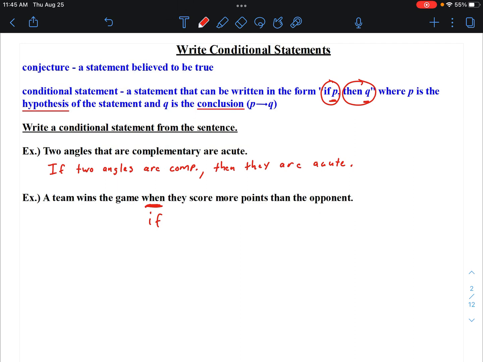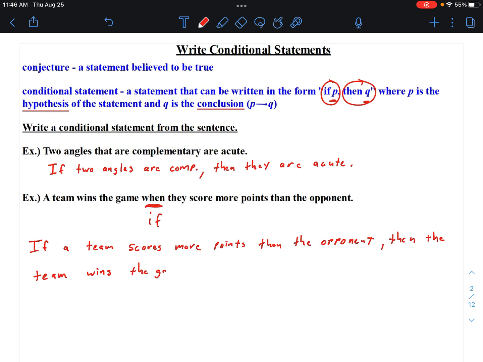So this is basically saying if a team scores more points than the opponent, then a team wins the game, or the team wins the game. And that's making a conditional statement.